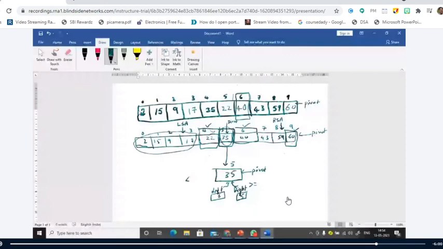Yes, sir. So you should remember the steps. The first step is you have to select the pivot element. The selection of pivot is of your choice. Step 2 is you have to move the pivot element to one end of the array, either to the leftmost end or to the rightmost.